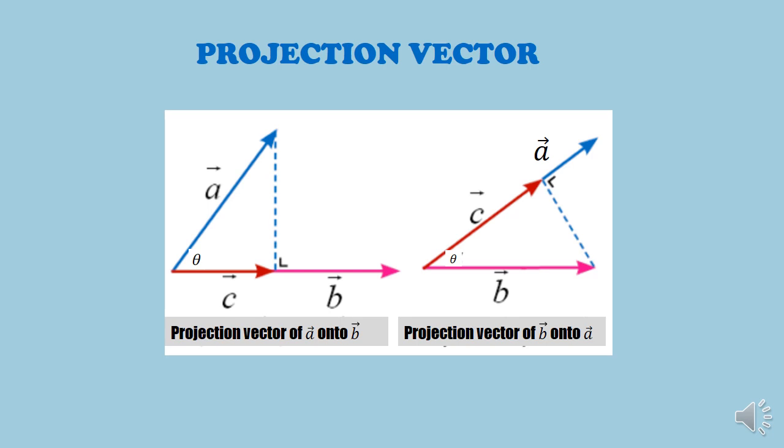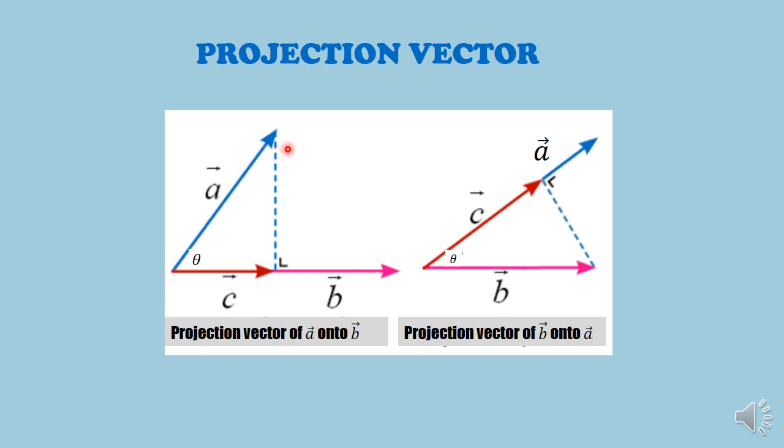Okay, a projection factor can be described in these two pictures. Okay, the first picture is the projection factor of A onto B. Let's just say that I have factor A and factor B with the angle in between being theta. Okay, factor A is projected onto factor B. The way to do it is like this.